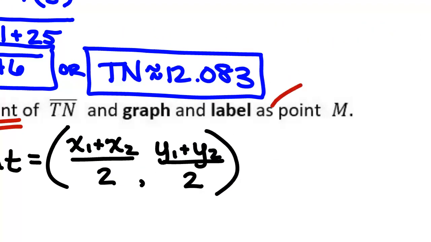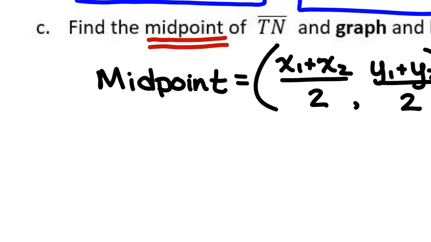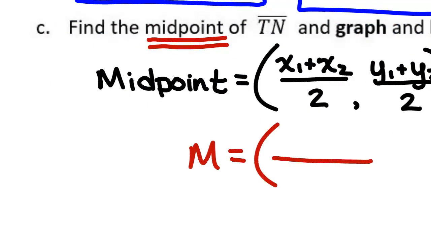We are going to label this as point M. So I have M equals, we add those x's together, so -5 plus 6, and we cut that in half.